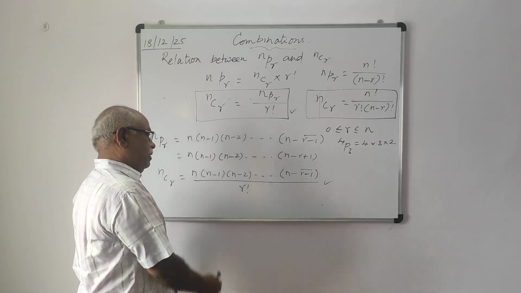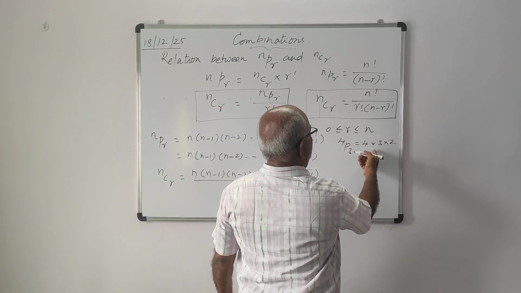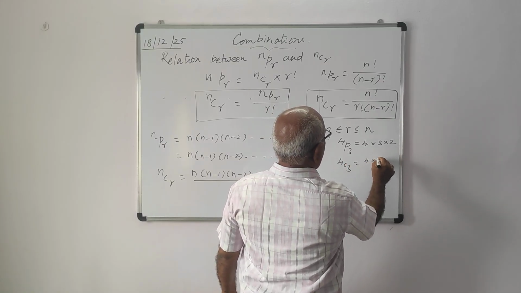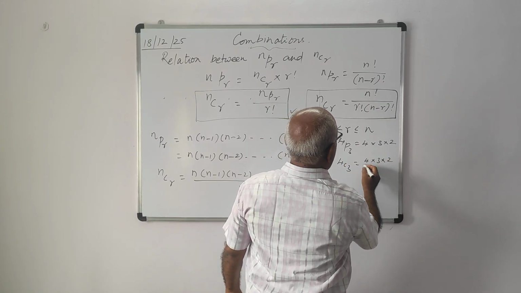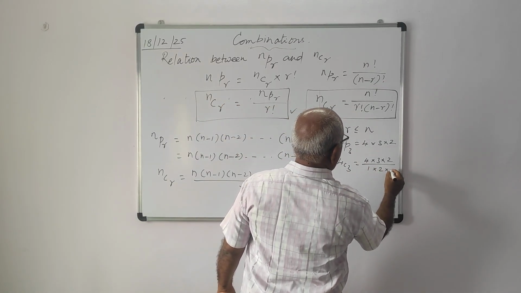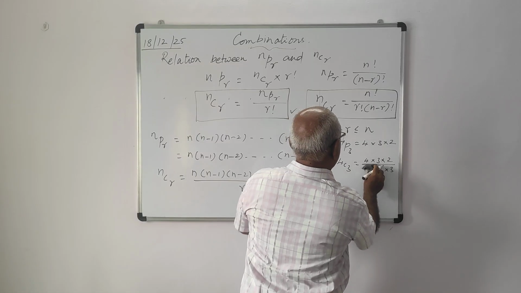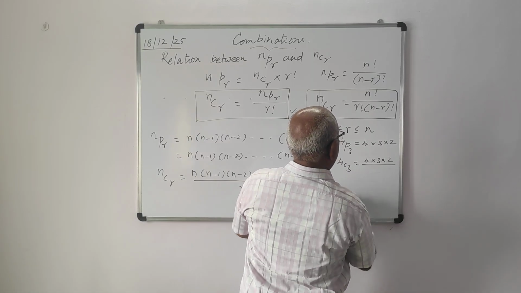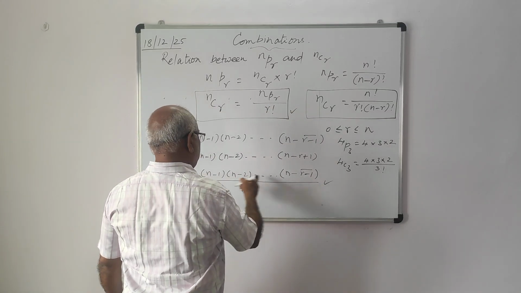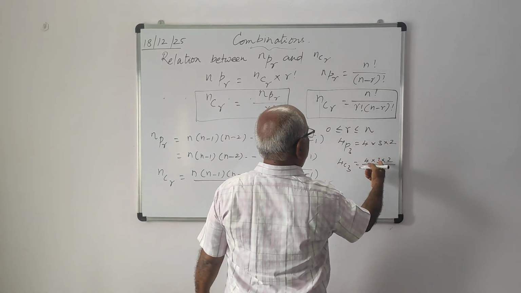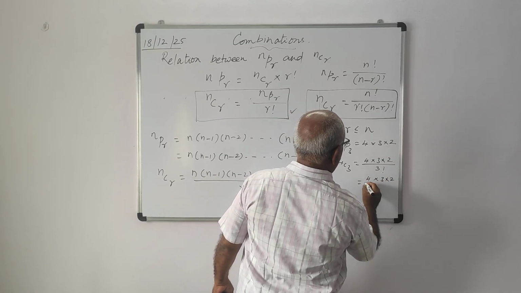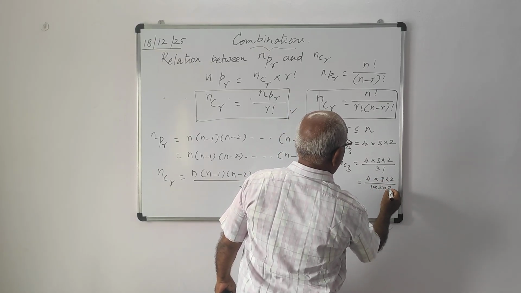Why I am writing this is, if you want to find out 4C3, it is 4P3 by 3 factorial, that is 4 into 3 into 2 by 1 into 2 into 3.